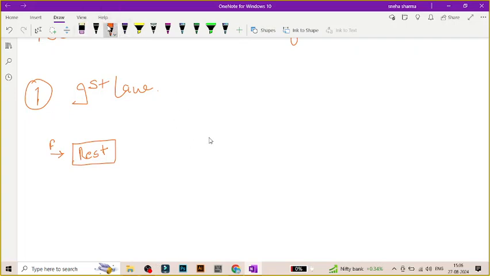The second example is an object moving in this direction, which can only be stopped by an external force.